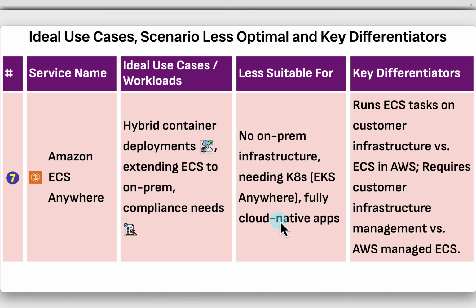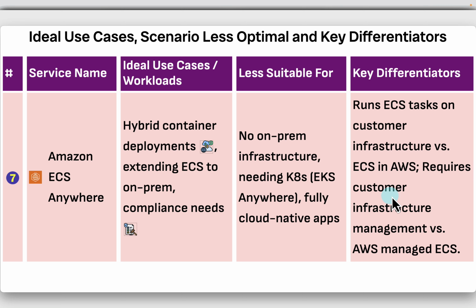Next, Amazon ECS Anywhere. Ideal use cases are hybrid container deployments, extending ECS to on-prem, and compliance needs. It is less suitable for no on-prem infrastructure, if you need Kubernetes, EKS Anywhere, and fully cloud native apps. Key differentiators are it runs ECS tasks on customer infrastructure versus ECS in AWS.